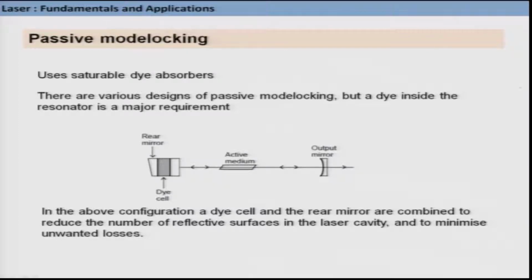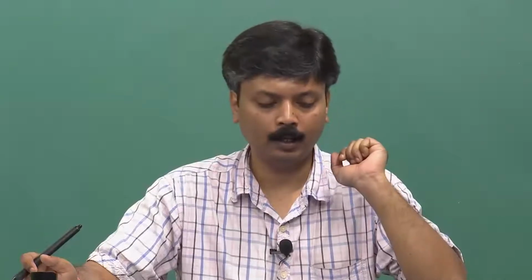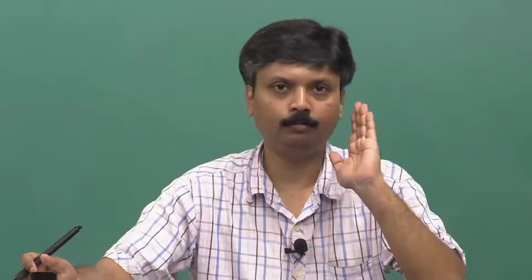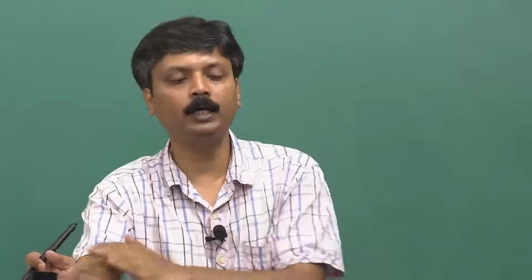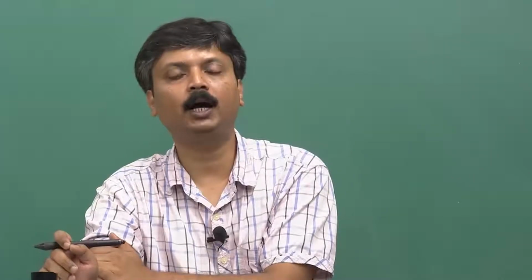We just used a dye solution or any other thin film which contains a material known as a saturable absorber. Here also, in passive mode locking, the technique uses a saturable absorber, which are mostly some dyes, like we mentioned cyanine dyes in the earlier cases.